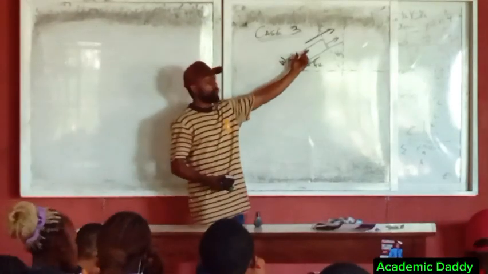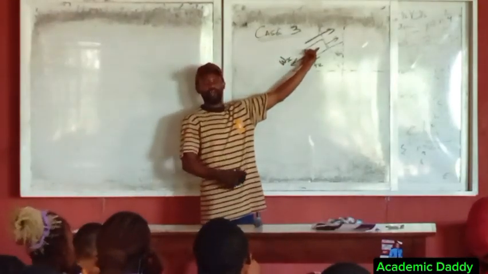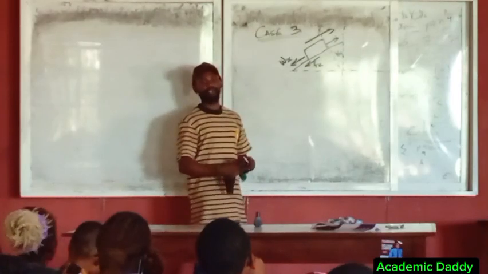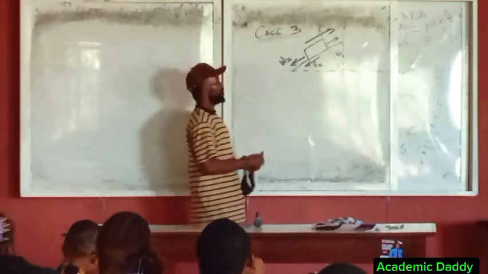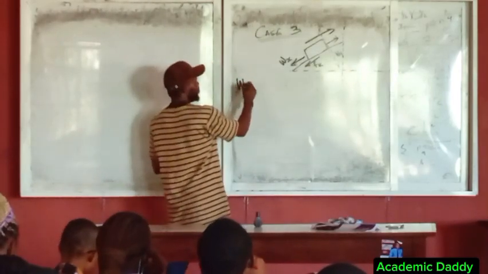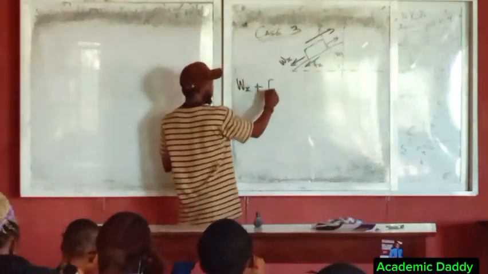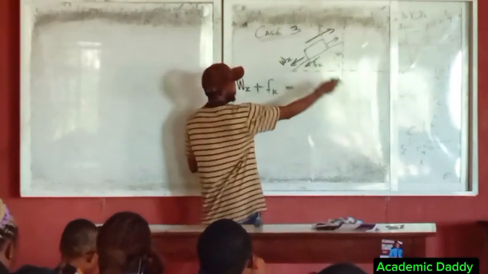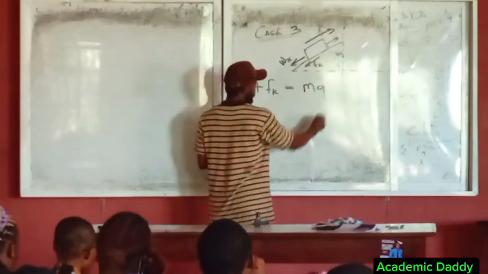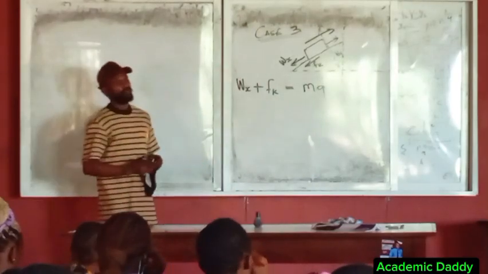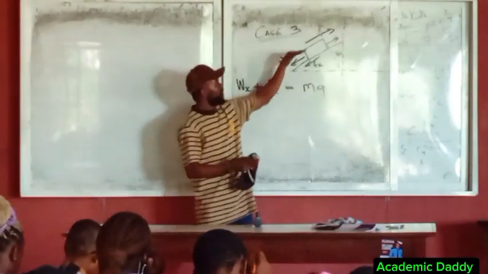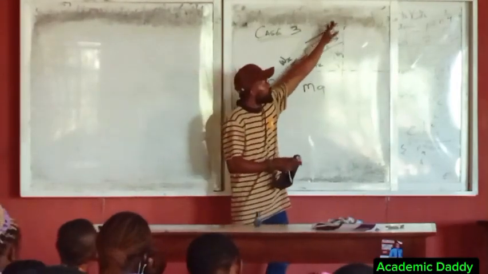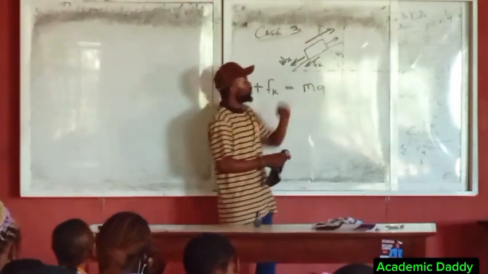What I will have in this situation is no longer something minus something, but rather a collection of forces. Which means I will have Wx plus Fk equals Ma. So what I will have in this case is a collection of forces.